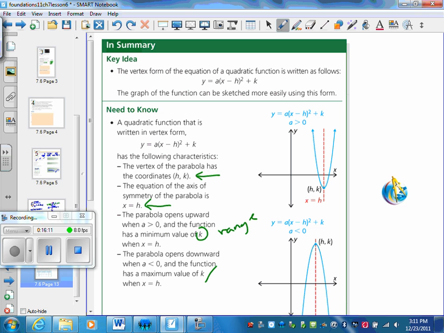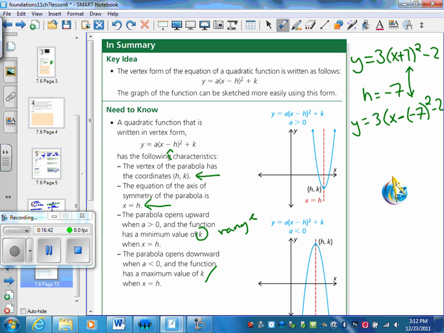Okay, something I forgot to tell you about. If I had y equals 3(x plus 7) squared plus 2, in this case h is negative 7. This is where you're going to make a mistake. Because the form says you're subtracting h, and I have a positive there, that's the same as saying y equals 3(x minus negative 7) squared, and k is 2.